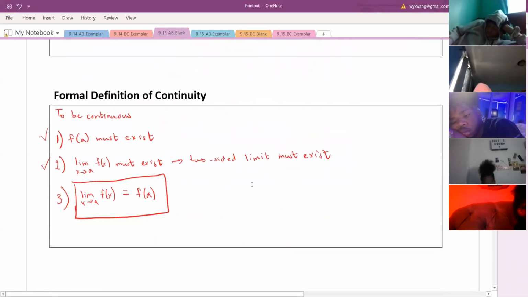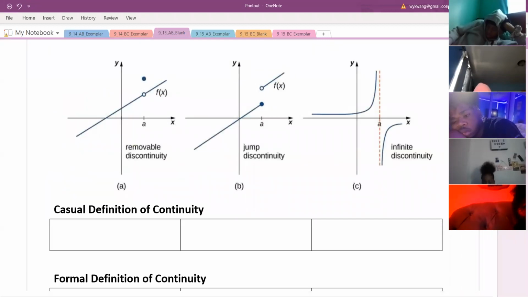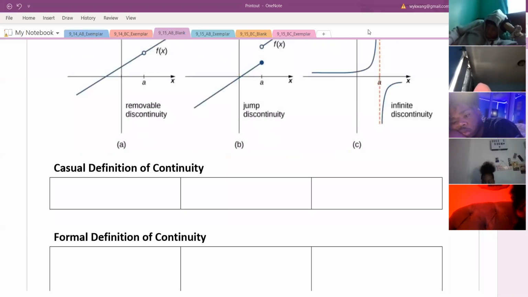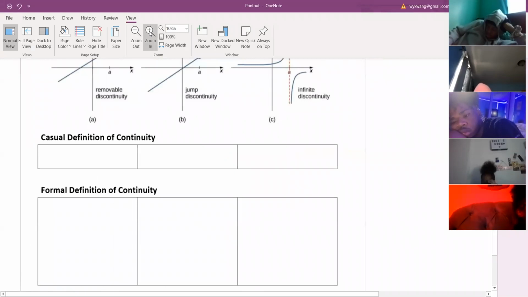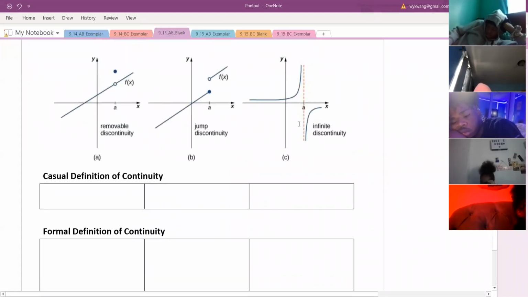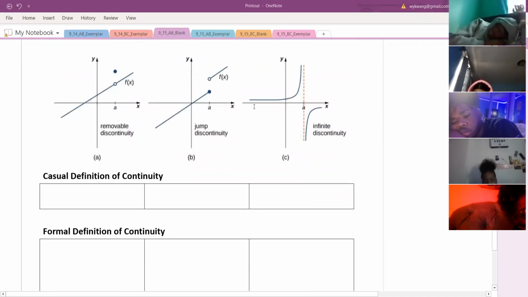Great, thank you for everyone for taking the notes. Now with the time that we have left, I'm going to give everyone 5 minutes or so to essentially apply our formal definition of continuity and explain why each of these examples doesn't fit with that definition.